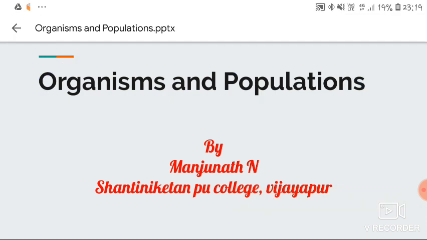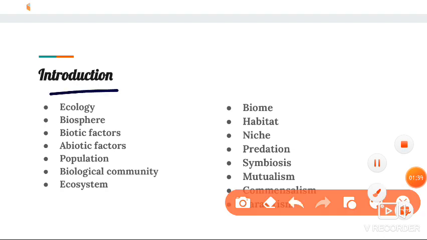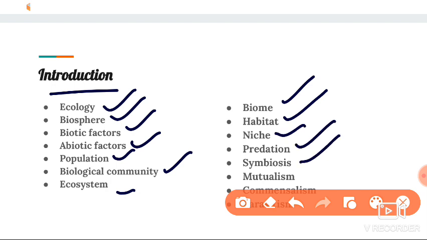Now in this chapter, this is the introduction, you can see here, we will study about ecology, biosphere, biotic factors, abiotic factors, population, biological community, then ecosystem, biome, then habitat, niche, then predation, symbiosis, mutualism, commensalism, and last one, parasitism.